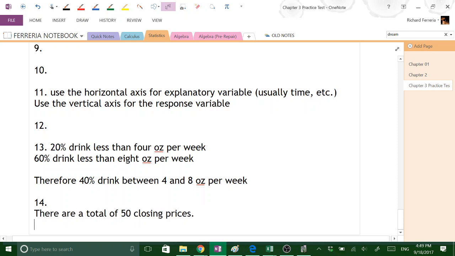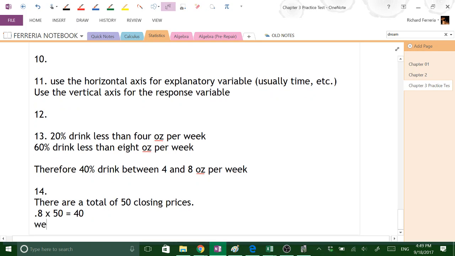Okay. The 80th percentile, so this is where we have to do math, right? 80% of 50, that's 40, right? So we need to find the 40th from the bottom closing price. So where is the 40th from the lowest closing price?